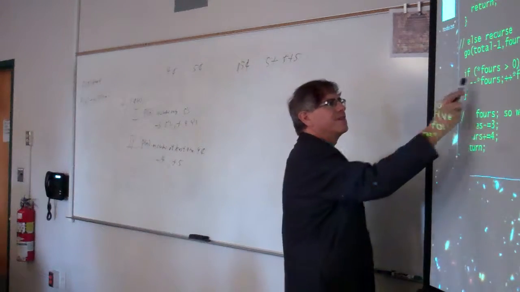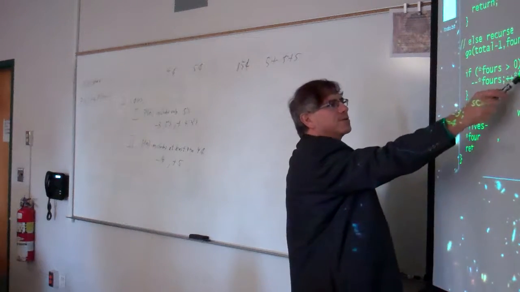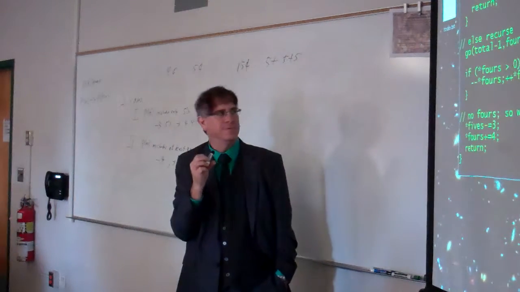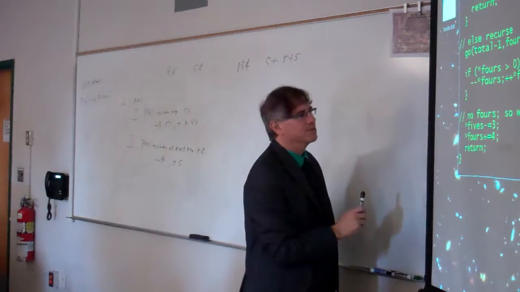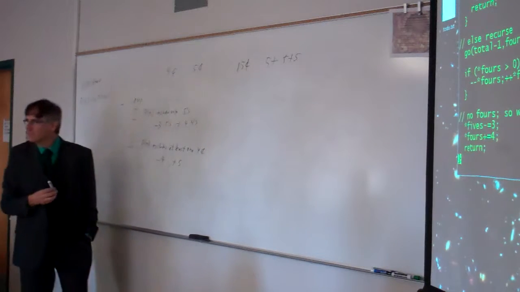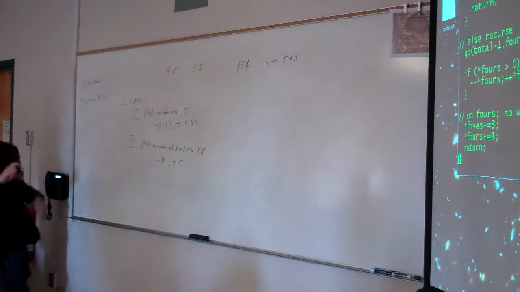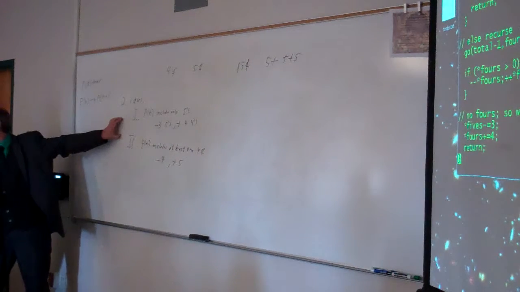And then I say, if I have any 4s, subtract 1 4, add 1 5. If I didn't have any 4s, subtract 3 5s, add 4 4s. And that's my new solution. So this is a direct coding of this proof.